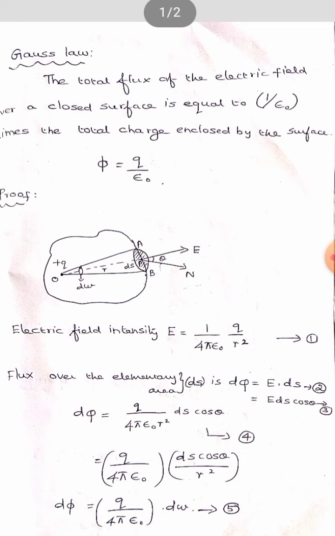Then d omega is the solid angle subtended by this Gaussian surface. So I have explained the figure.